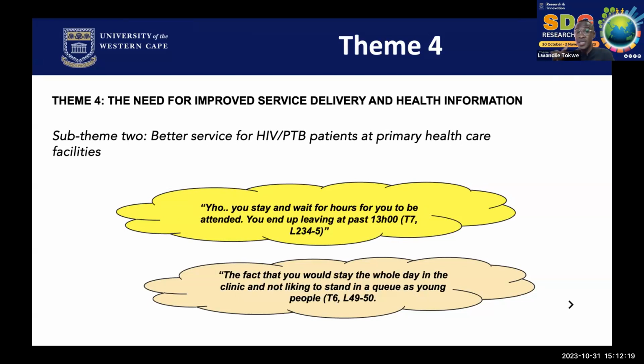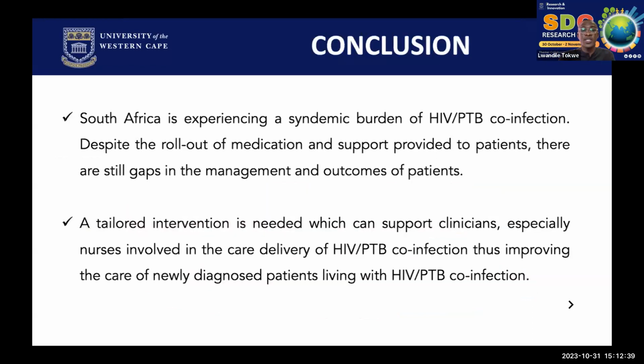Imagine, as I've said, the clinic is far from where they are staying. So when they are there, they would have to spend the whole day in the clinics because of the shortage of nurses and also the lack of medication. And one of the participants verbalized that they would queue for hours because of that shortage of nurses and also the lack of education that is being provided.